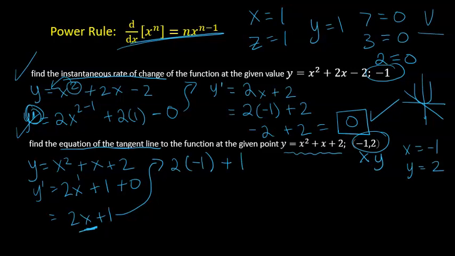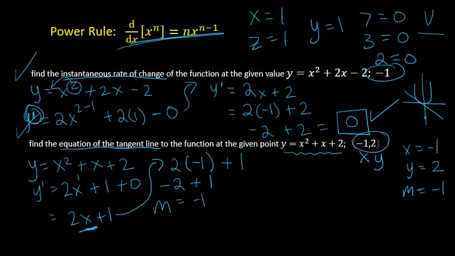So I have 2, it's negative 2 plus 1, which equals negative 1. And that's m. It just happens to look like x also. It could have just as easily been a whole third different number, right? So that's m.